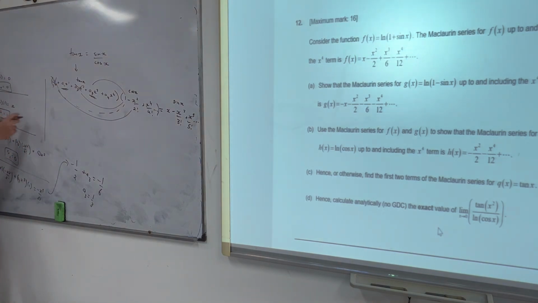So it is x plus x cubed over 3. They're the first two terms. So I just put in 1 here and 1/3 here. I can write 1/3 x cubed as well. Okay, that's that one.